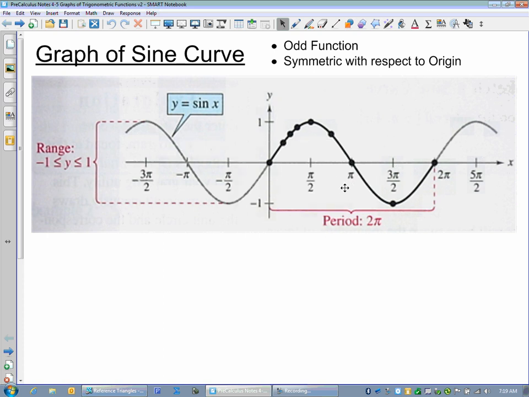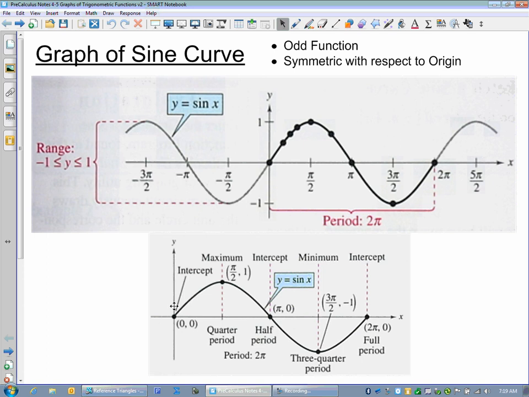Now for our parent function approach, we're going to graph one cycle of the graph by looking at the 5 key points. And these are those 5 key points. For the sine curve, we start at the intercept. We start in the middle, basically. Then we're going to go up to our maximum value. Then we're going to go down to our middle, our intercept, down to our minimum value, and then back up to where we started.